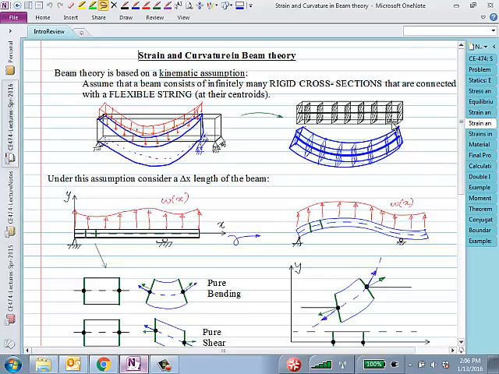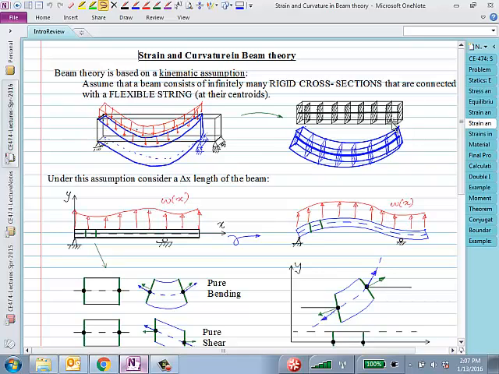They go like this, but they remain straight. They don't curve out of plane, the vertical lines don't become curved, right? So this is a fundamental hypothesis, an assumption behind the beam theory.